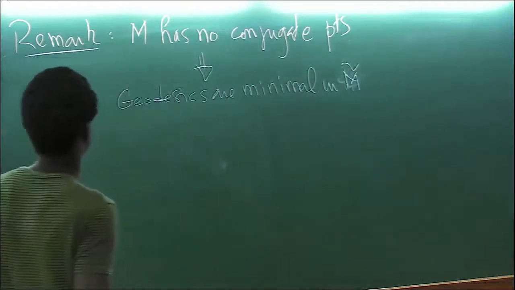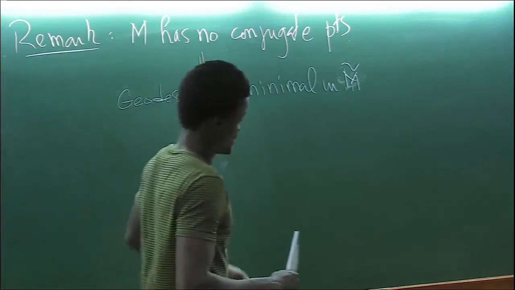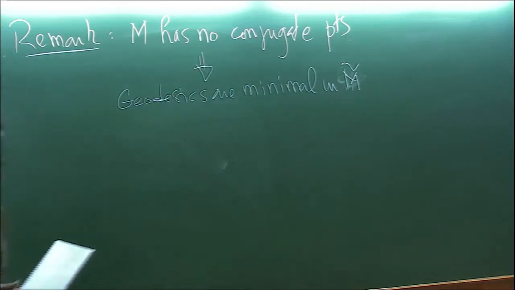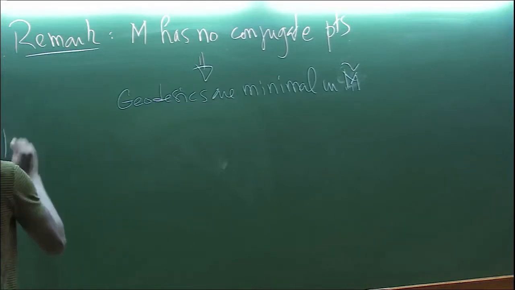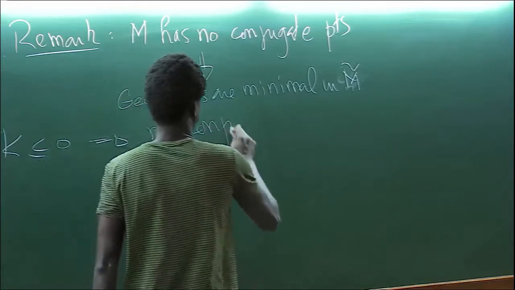You can basically see this by knowing how to construct Jacobi fields by taking a geodesic variation. If you take a geodesic variation, you will see that the Jacobi fields will be given by the exponential map of the vector that you started with. That being a diffeomorphism would imply that you have minimality of these geodesics on the universal cover. Yeah. So first of all, it's easy to see that non-positive curvature implies no conjugate points.